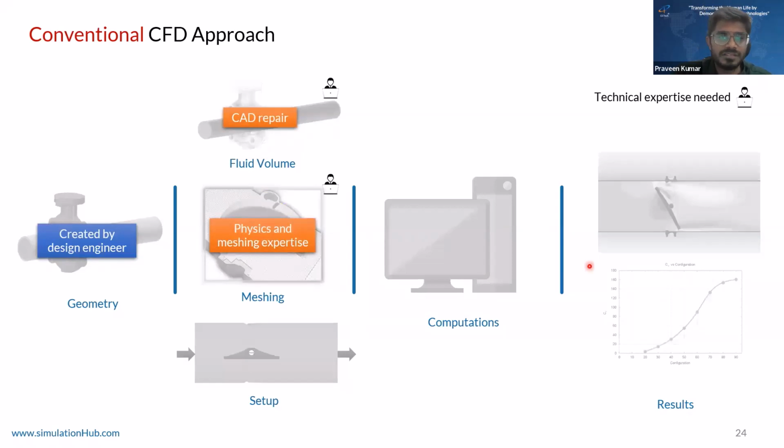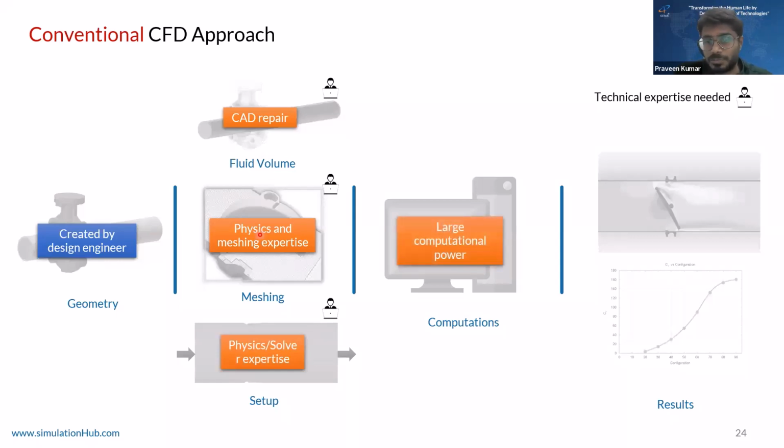Once the design is submitted by the design engineer, CAD repairing knowledge is required, then physics-based mesh refinement, a suitable solver for the physics which we are solving, and then large computational power in-house. And then domain understanding and CFD expertise is required to interpret the results and generate a meaningful report.